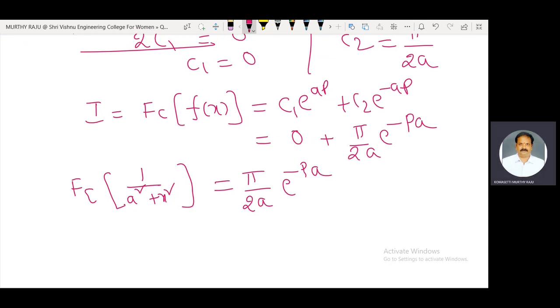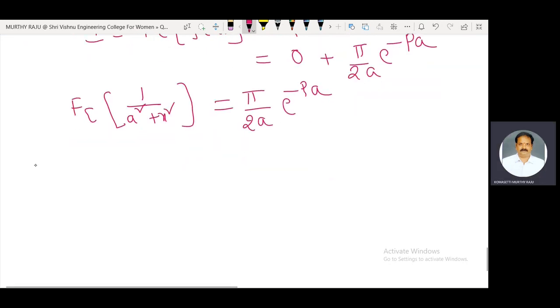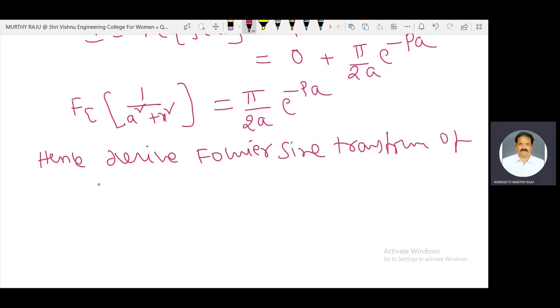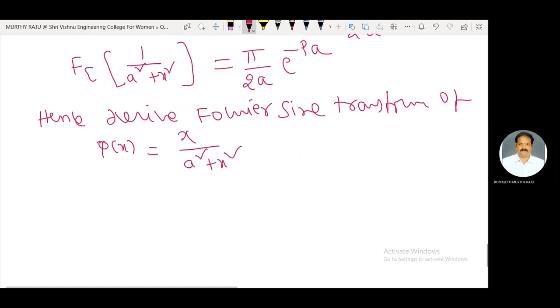From this value, you have to deduce, that is, hence derive the Fourier sine transform of the function x by a square plus x square.